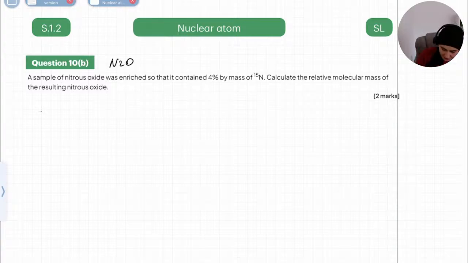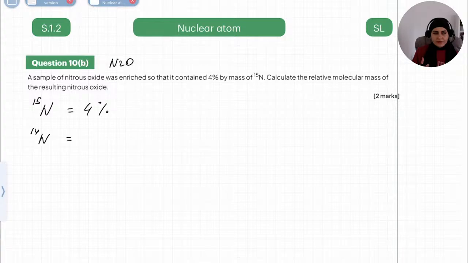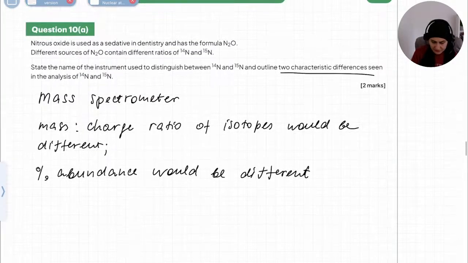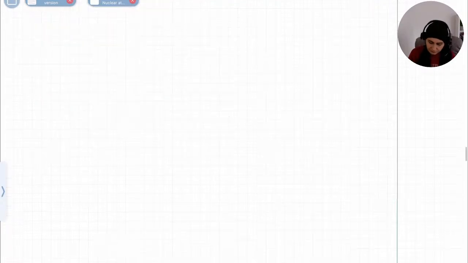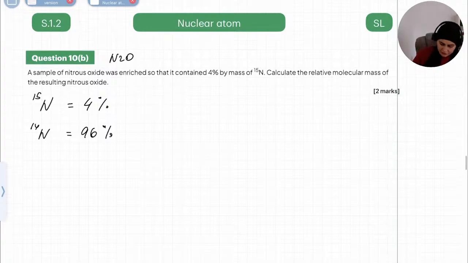So if for N15 the abundance is 4%, then what would be the abundance for N14? Well, 100 minus 4, 96%. Everything else is obviously N14 because there are only two isotopes. They told us here: two different isotopes, nothing else.